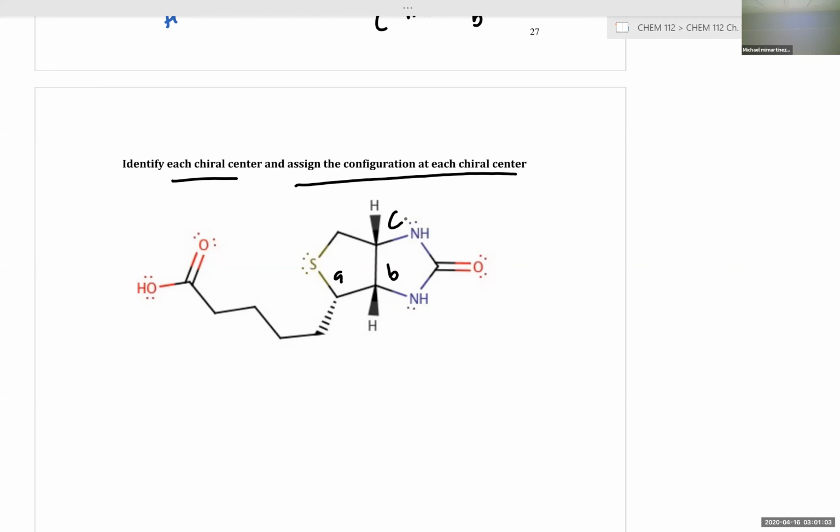So does anyone have any proposals yet for the configuration at any of these centers? It's okay. We'll discuss in a few minutes. I know it takes a while to make the model, but don't worry, it pays off.